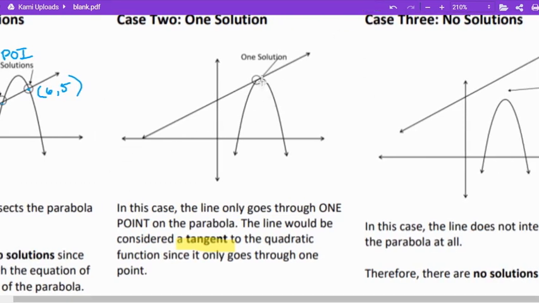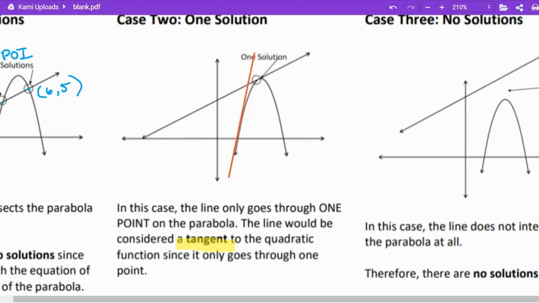And as you can see, this is when the linear function just grazes the parabola. Okay, and so in this case, the line only goes through one point on the parabola. The line would be considered a tangent to the quadratic function since it only goes through one point. So a tangent will always be on the outside of the parabola, and it can really be anywhere.